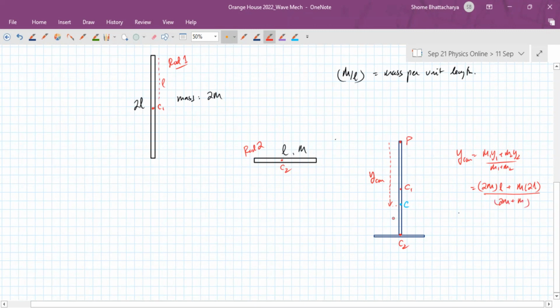That becomes the idea. So you can see that this is 2 plus 2, 4 in the numerator and 3 in the denominator. So 4 by 3 L. That becomes our y_CM. So that is our distance d in that formula.